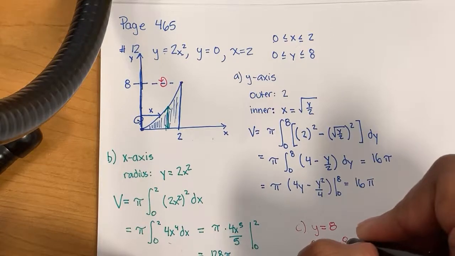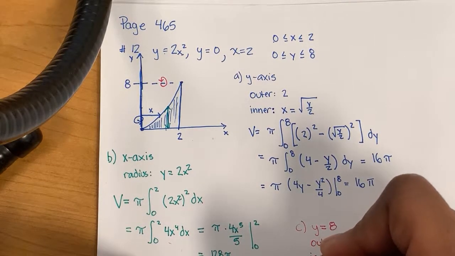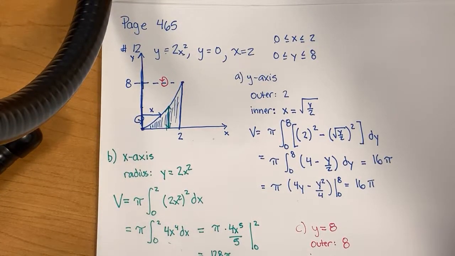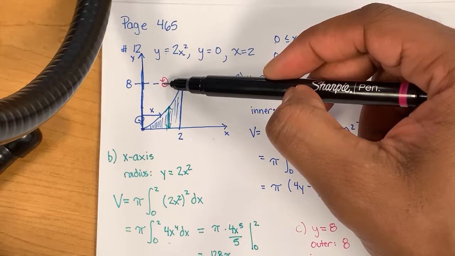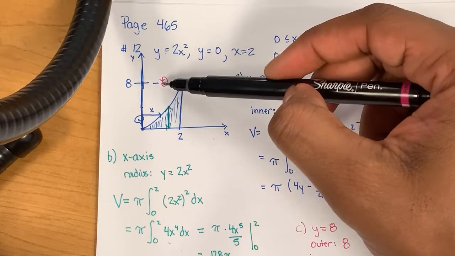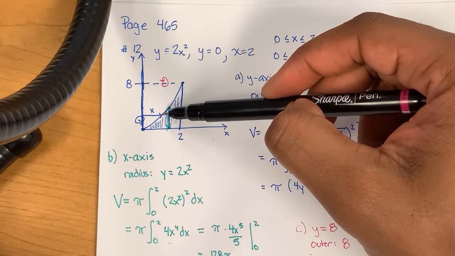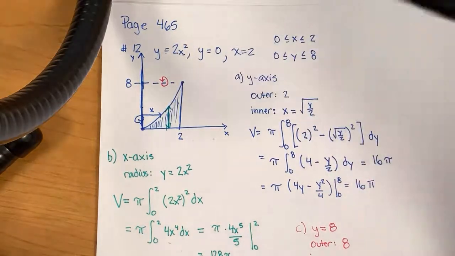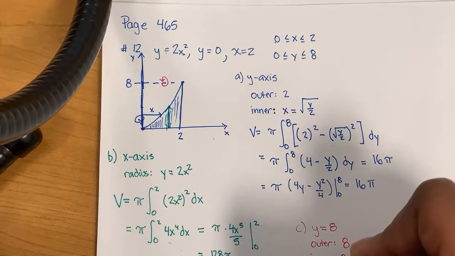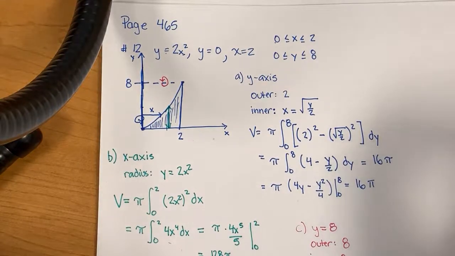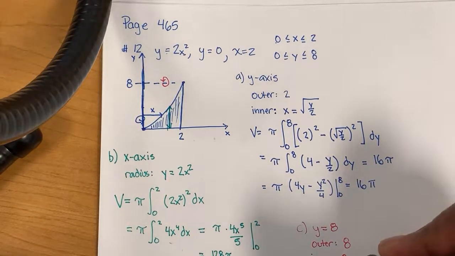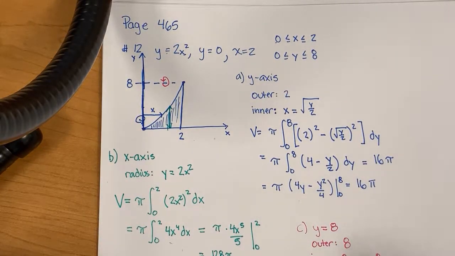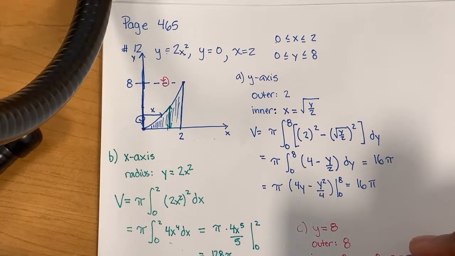So our outer radius is 8, and the inner radius is going to be the distance from this line to this curve, which is going to be 8 minus y, and that's going to equal 8 minus, we express y, so 8 minus 2x squared.